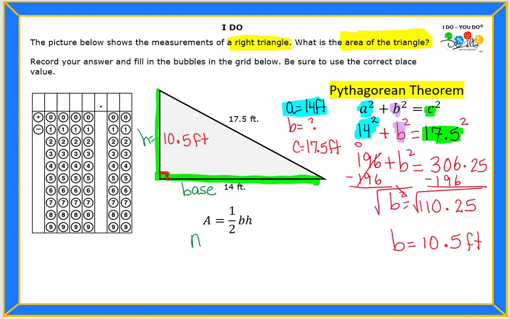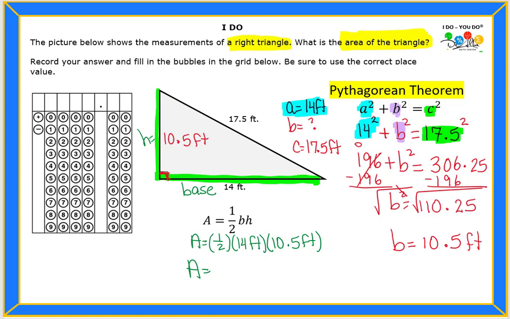So area equals half, and I'm going to use parentheses because I'm going to have quite a few numbers to write. Base is 14 feet, and the height is 10.5 feet. So all you gotta do is input all that in the calculator. Half of 14 times 10.5.